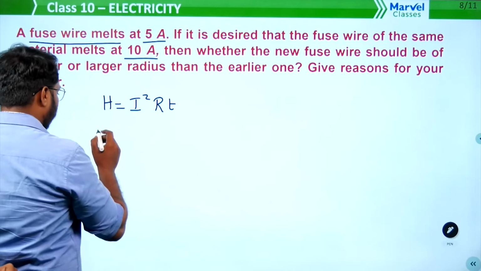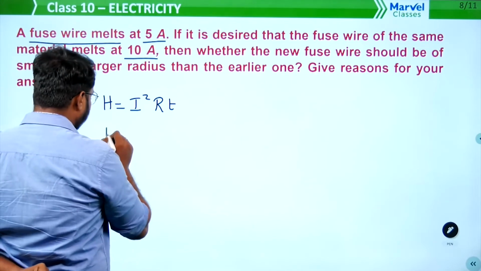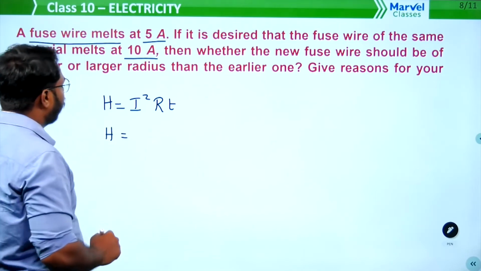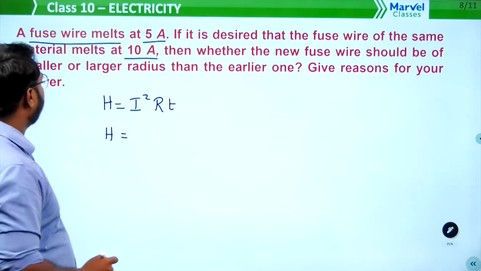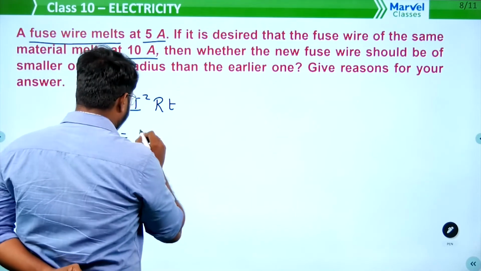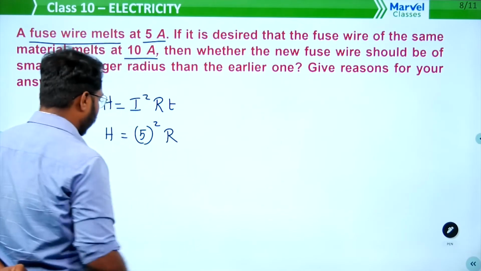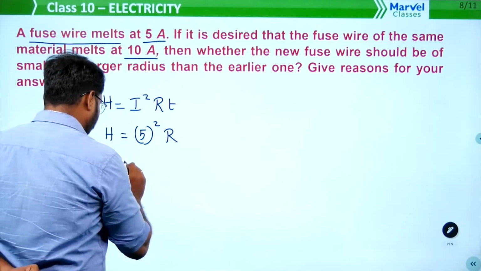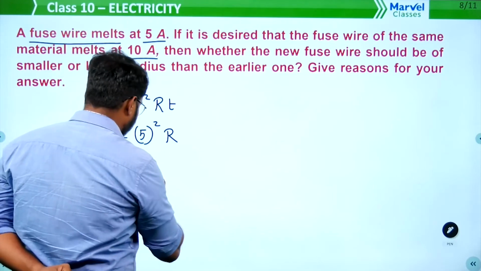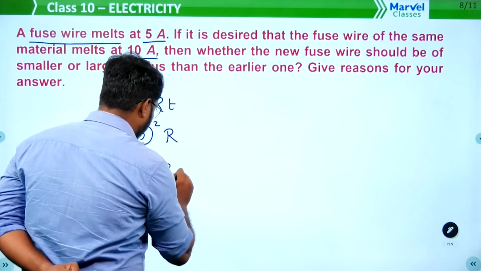So, my first equation: H is equal to 5 squared into R. Then in the second equation, H prime is equal to 10 squared into R prime.